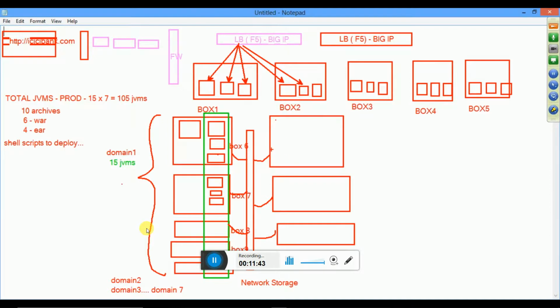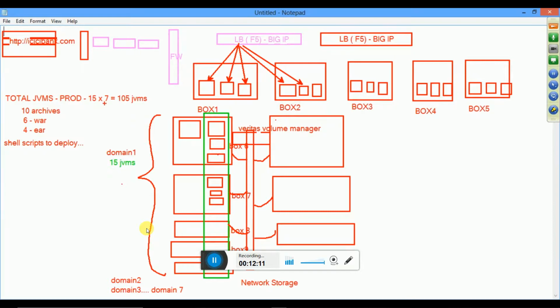So we need somebody to monitor whether this box is available or not, and that's usually done by what is called a Veritas volume manager.